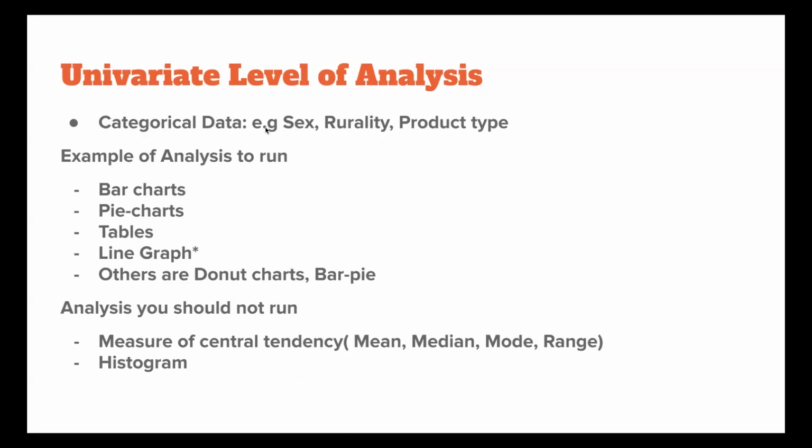So we have sex, male or female, that is distinct. You have rurality, product type, wealth status, rich or poor, height, tall or short, things like that. The type of analysis that you would run would be bar charts, pie charts. You can do a table. You could also do a line graph, so a line graph fits for numerical and categorical data also.